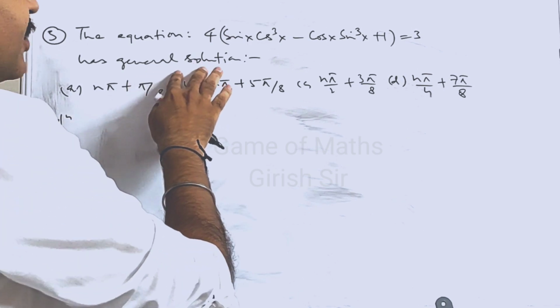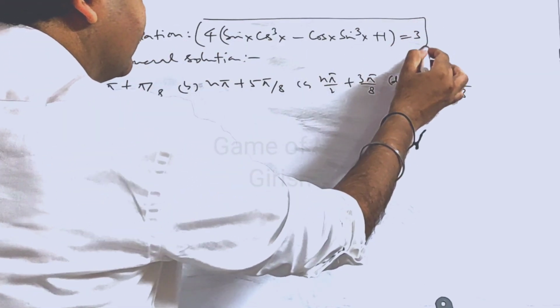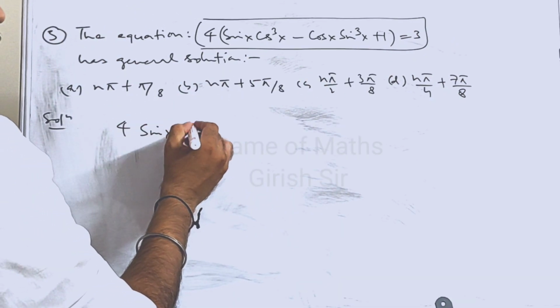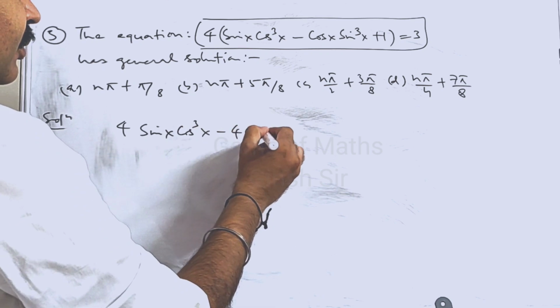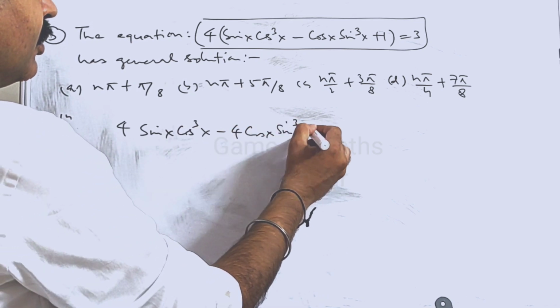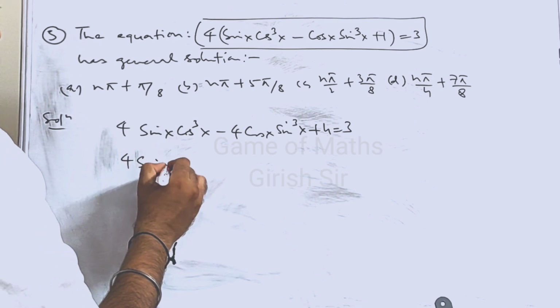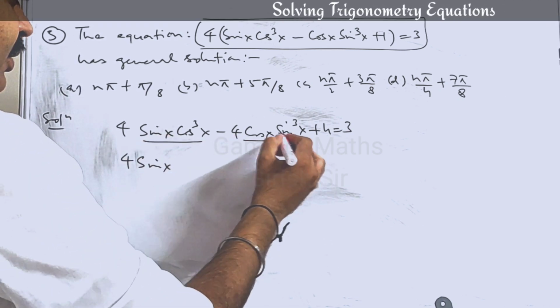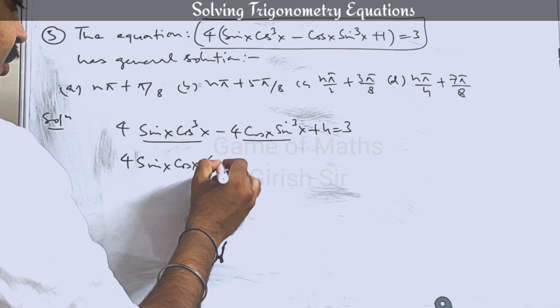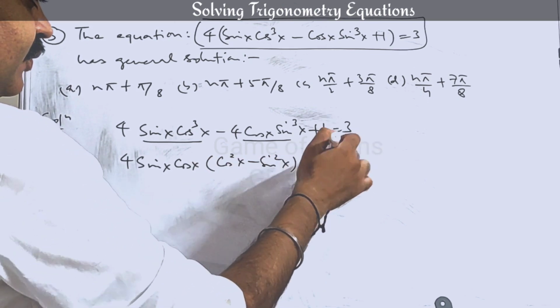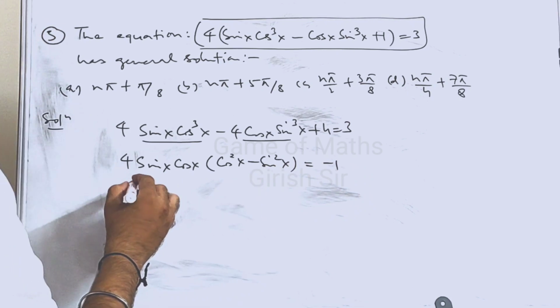We have to find the general solution of this given equation. This is the given equation. So from the first two terms I can take 4 sin x cos x common, and taking this 4 on the other side we get minus 1.